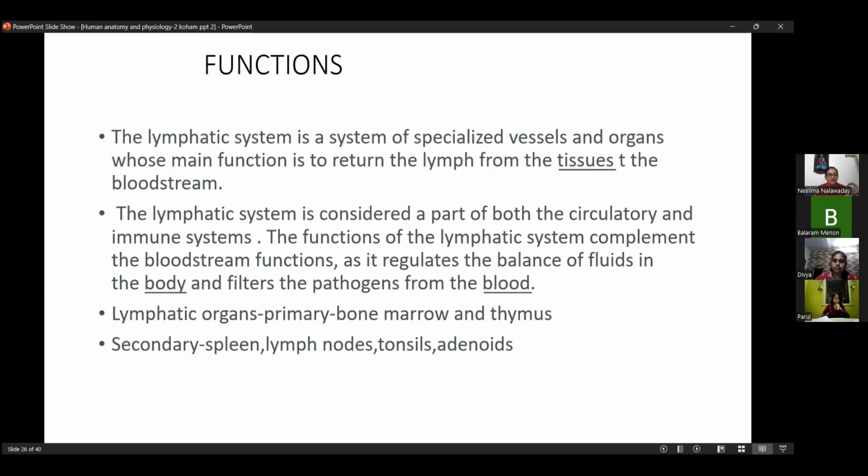So lymphatic drainage, you must have heard this word in yoga also. Nowadays, lymphatic system related asanas are very much famous to improve your lymphatic function or to drain lymph properly. So why is it famous nowadays? Because this lymphatic circulation happens properly when muscle movements are there, or our activities are more, or we are practicing asanas.